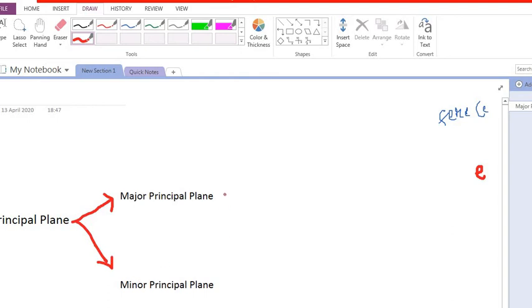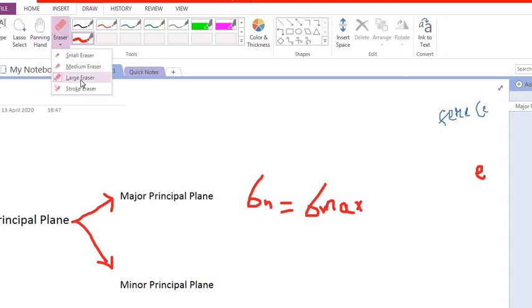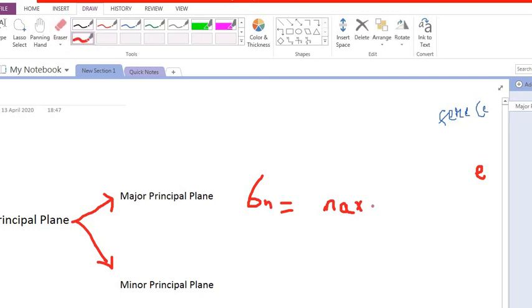So when will it be the major principal plane and when the minor? Simple: when the normal stress sigma n is maximum, I will say sigma max, that plane is the major principal plane. Is this clear?